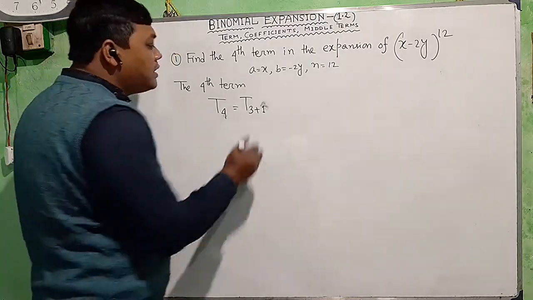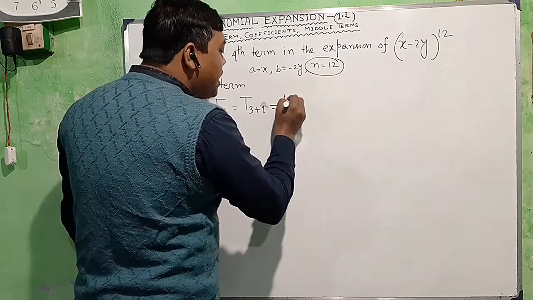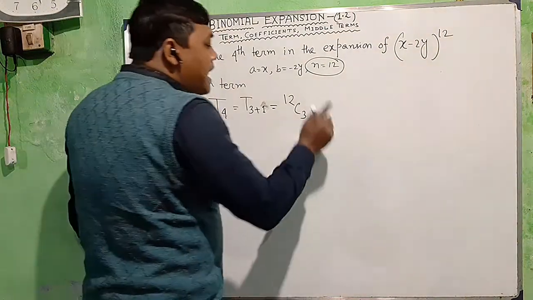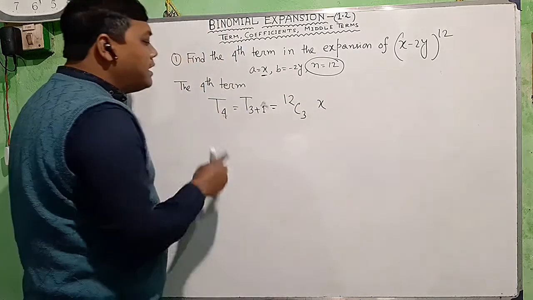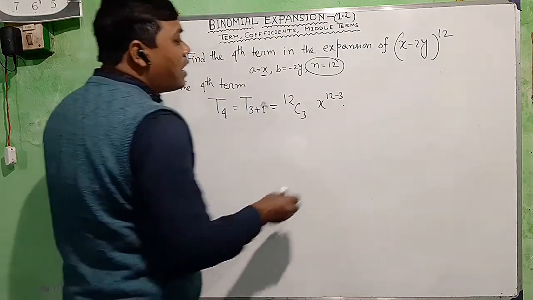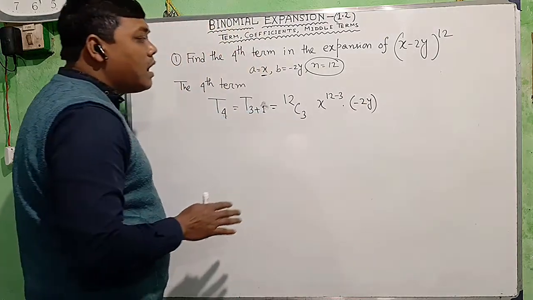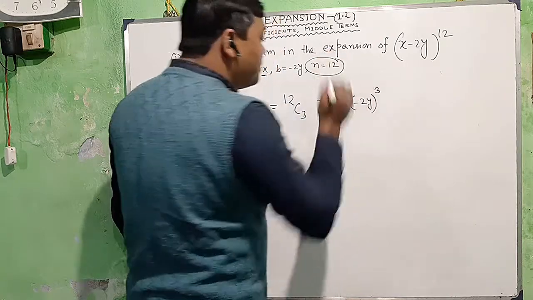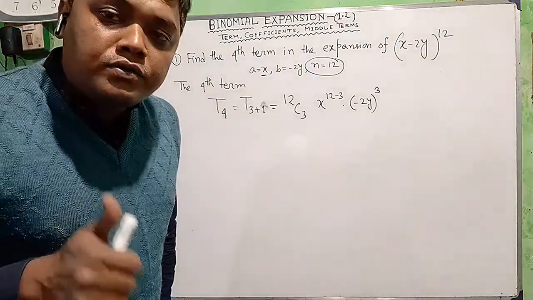So T(3 plus 1) is nCr, with n equal to 12, 12C3, and r is 3. a equals x, so x to the power n minus 3, that means 12 minus 3, into b to the power r, where b equals minus 2y, so (minus 2y) to the power 3, because here n equals 12 and r equals 3.